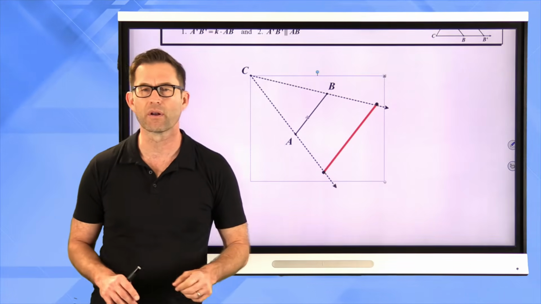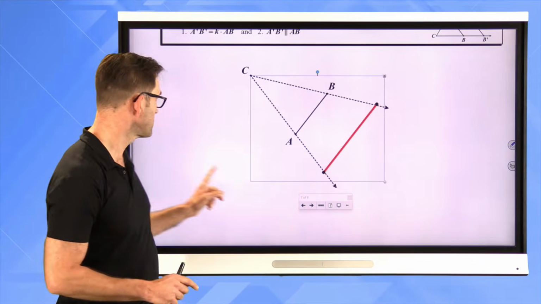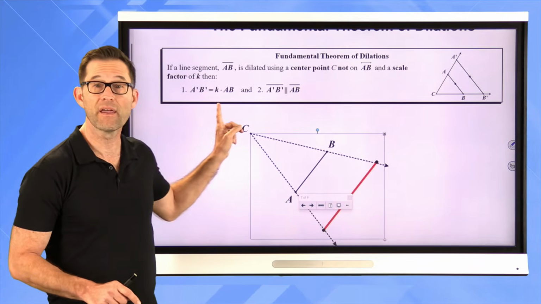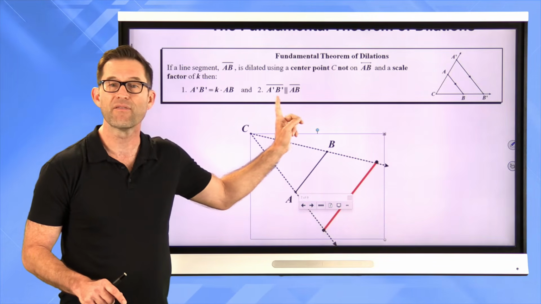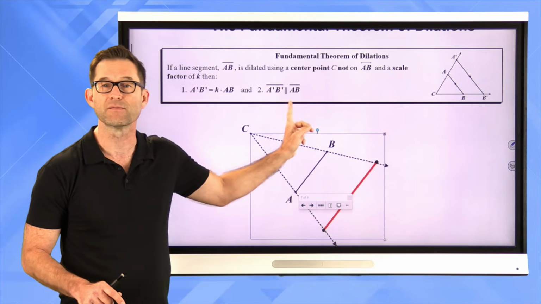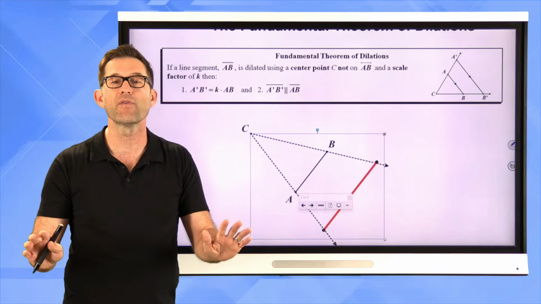Really, really critical to get that, okay? Because those two things are going to form the basis of everything else that we do in this unit: the fact that the segment length is k times the original segment length, and the fact that the image segment is parallel to the original segment.